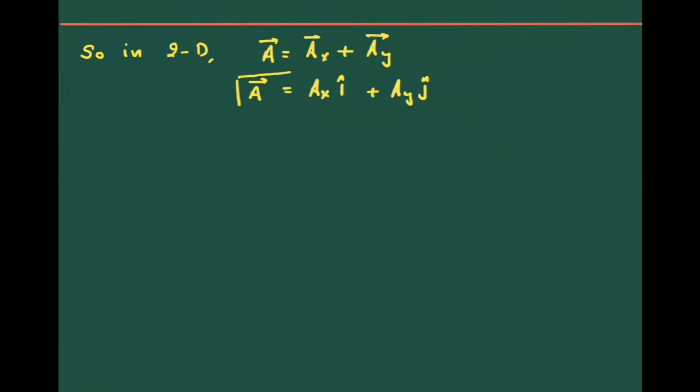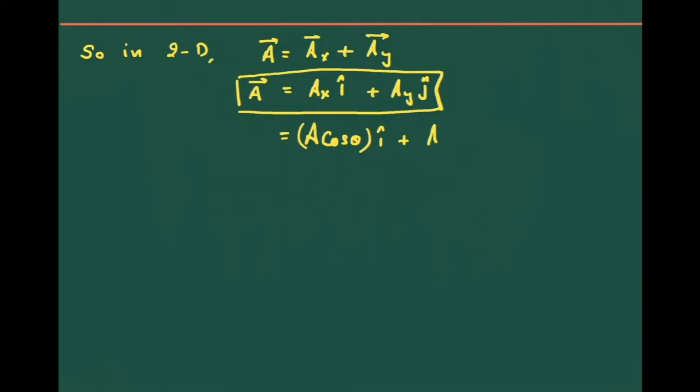So this is the vector representation of a vector in the xy plane. And what are Ax and Ay here? Ax is equal to A cos theta, and Ay is A sin theta, with j cap. Here i cap and j cap are the unit vectors along the x axis and y axis.